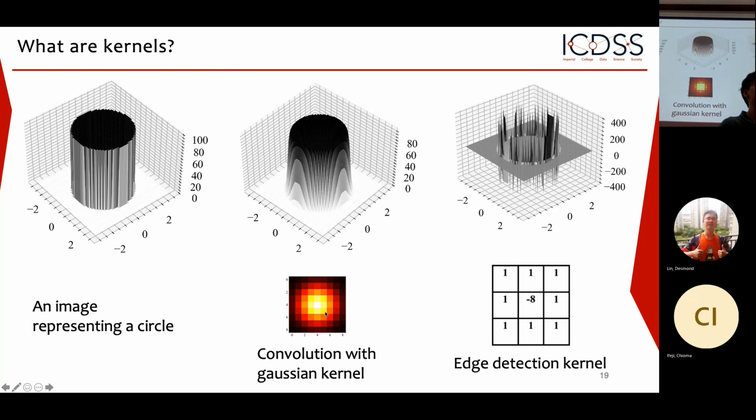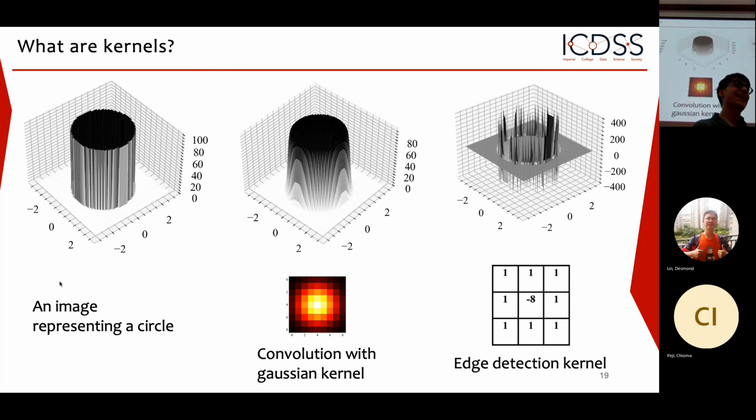Now, let's say we choose this kernel. This kernel is a Gaussian, so a Gaussian is a blob in two dimensions. If you imagine a landscape and you have a hill, that hill would be your Gaussian.